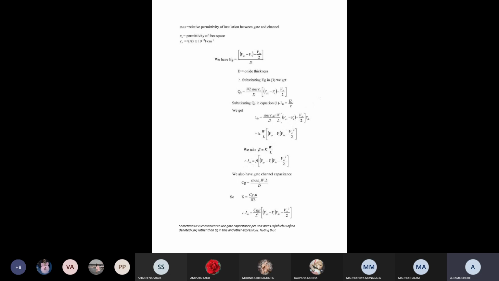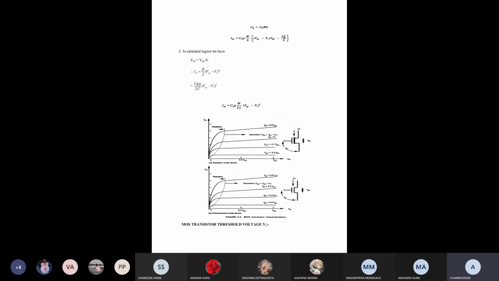Then IDS will become Cg into mu by L square, (VGS minus VT) VDS minus VDS whole square by 2. Whenever the device has some gate capacitance between the source and drain terminals, we expect this much IDS current when the device is in the non-saturated condition.